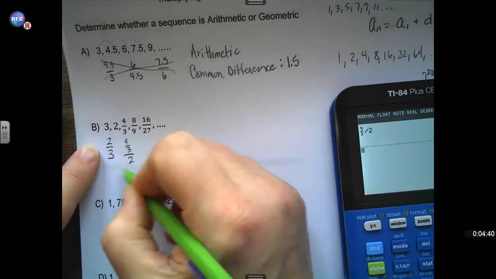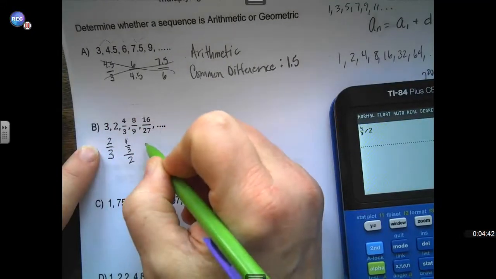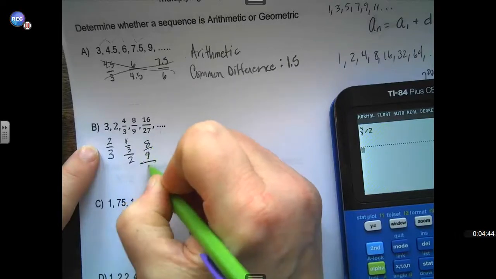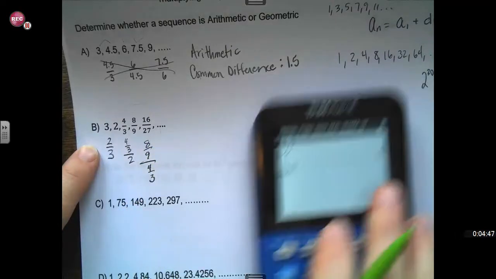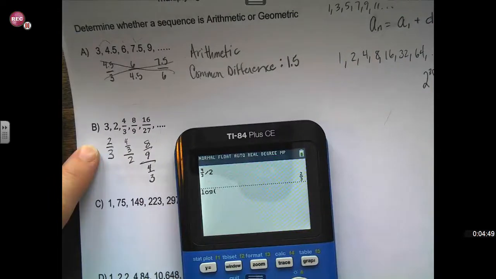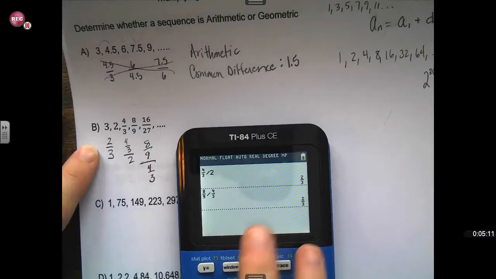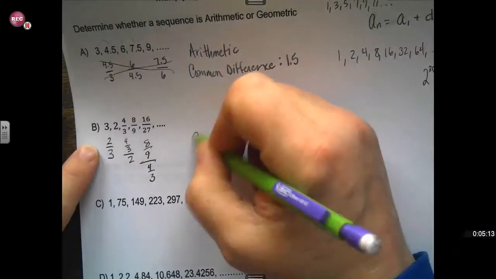So that was the same. 8/9 divided by 4/3. Let's try that one. 8/9 divided by 4/3 is 2/3, the same thing. So this is geometric.